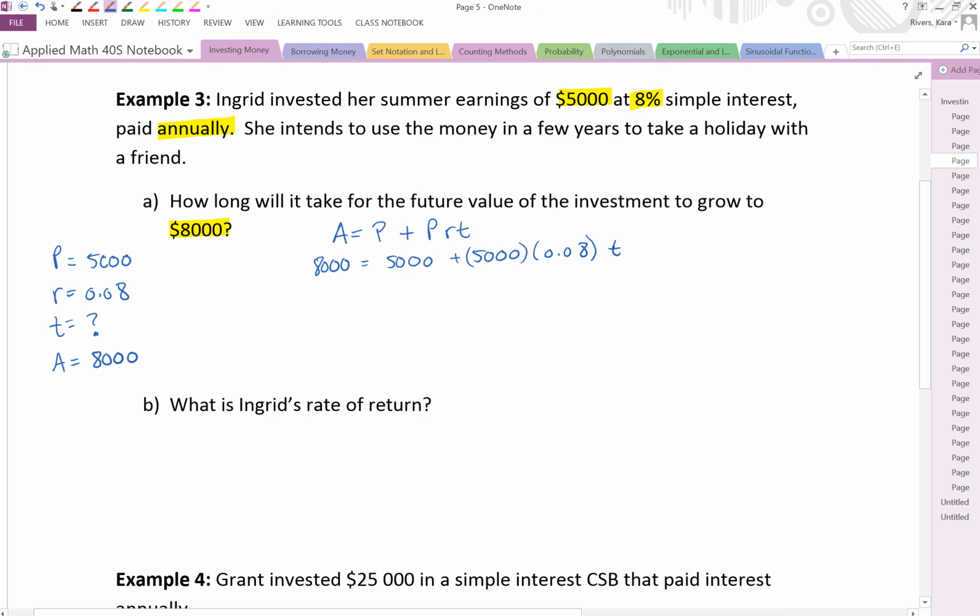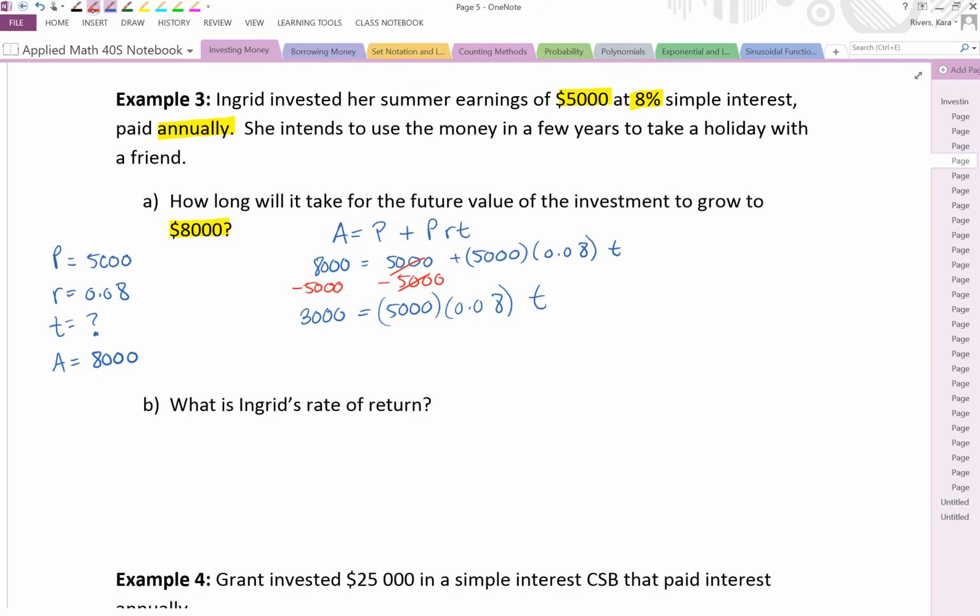So let's move everything away from the t and get it by itself. So start by getting the 5,000 away here, create a 0 pair, subtract from both sides. So I've got 3,000 is equal to 5,000 times 0.08 times t. Now you could do this math, but you're going to end up with decimal places.